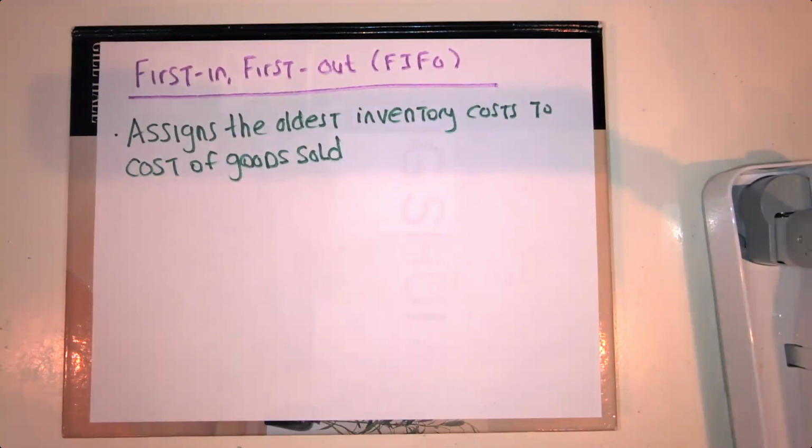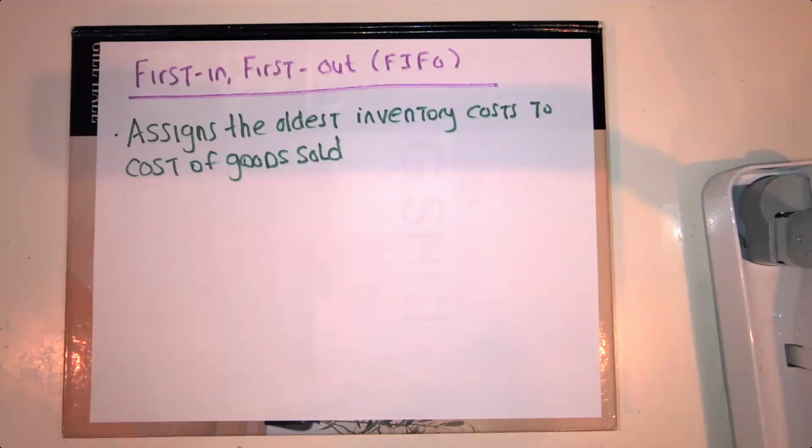sold under FIFO. But remember, these techniques are trying to calculate two amounts: the cost of goods sold and the ending inventory, the inventory balance that appears on our balance sheet.